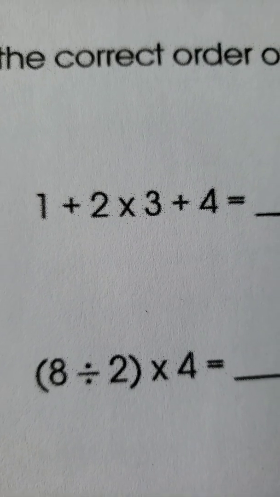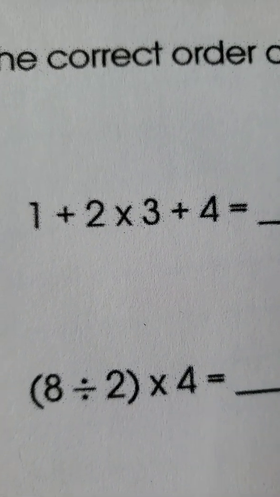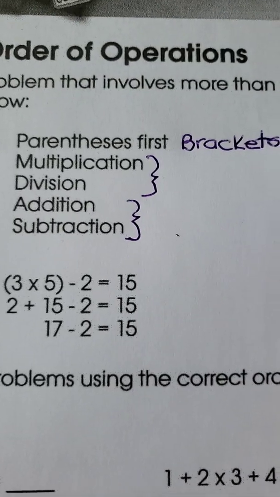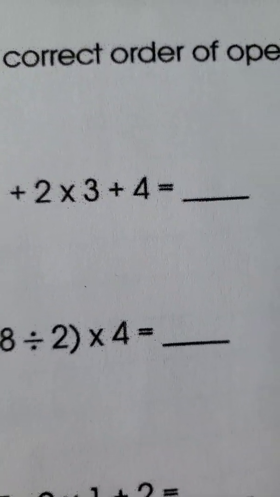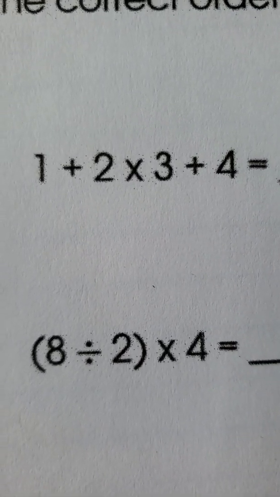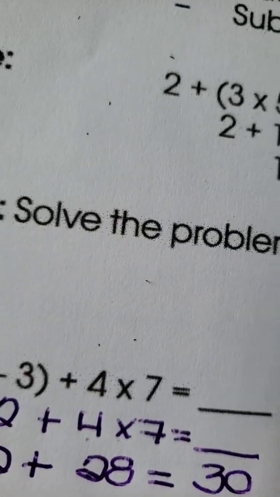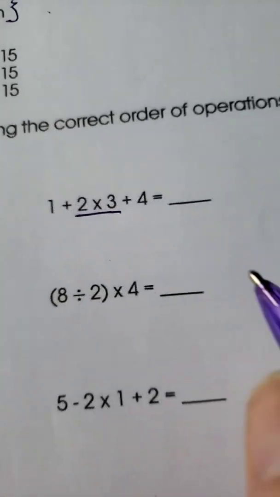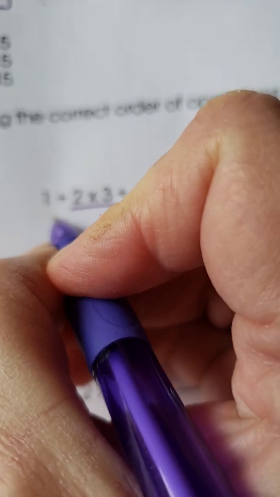1 plus 2 times 3 plus 4. So are there any brackets? No. Is there any multiplication? Yes. So that would be the next thing that we do. What I like to do is either highlight or underline the part that I'm going to do. So I have to write the 1 down because I didn't use the 1 yet.